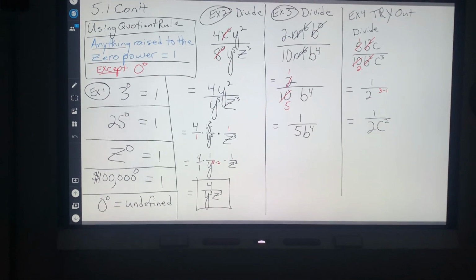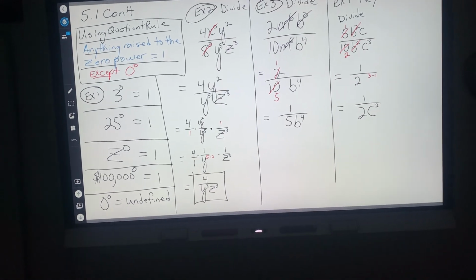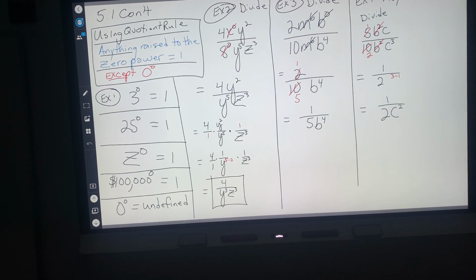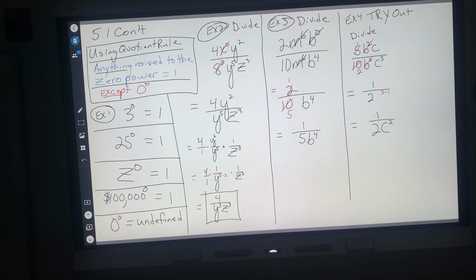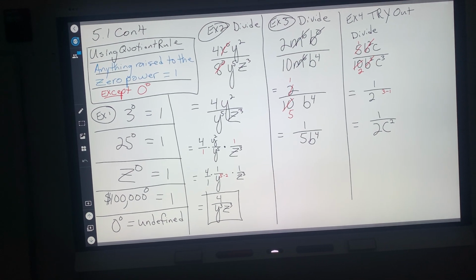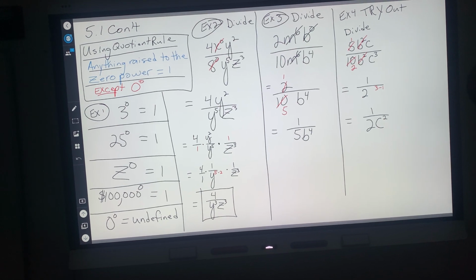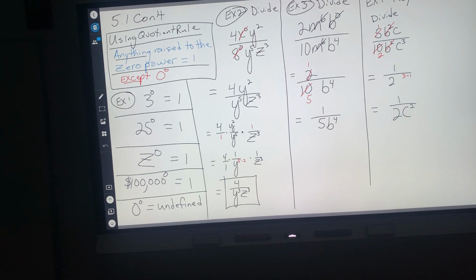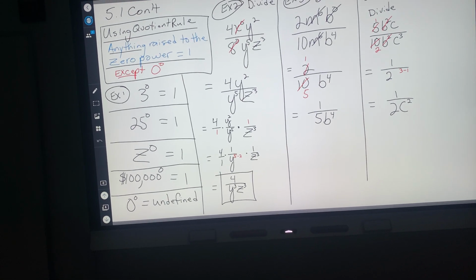In example 2, where we have 4x to the 0 power, y to the 2nd power, we're able to just cancel that 0 power out because it's going to be equal to 1 anyway. That would be saying 4 times 1 times y to the second power. And the same thing in the denominator, 8 to the 0 power. We were able to just cancel that out because the value is 1.